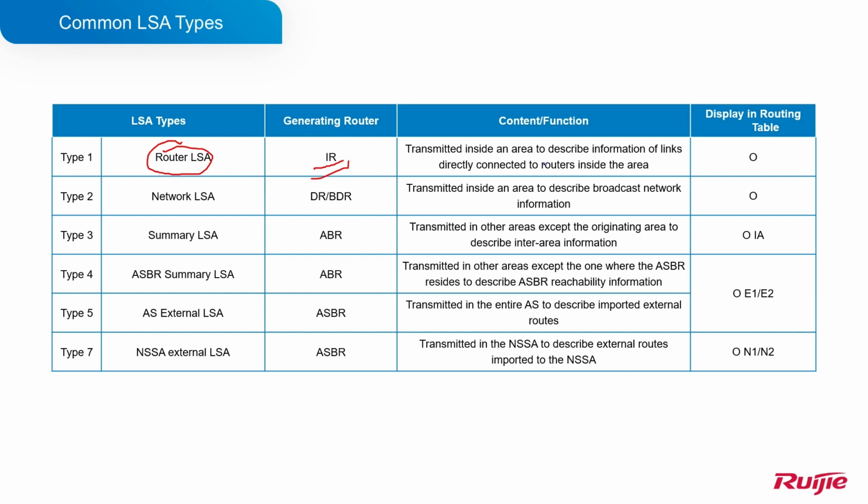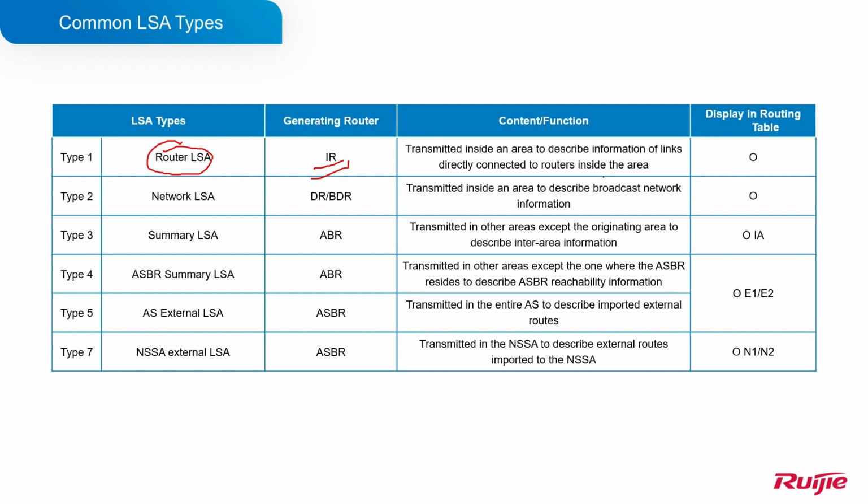The LSA type 1 describes the information of links directly connected to routers. So we can only transmit this kind of LSA information inside the area. It means the area 1 type 1 LSA information can only be transmitted inside area 1.